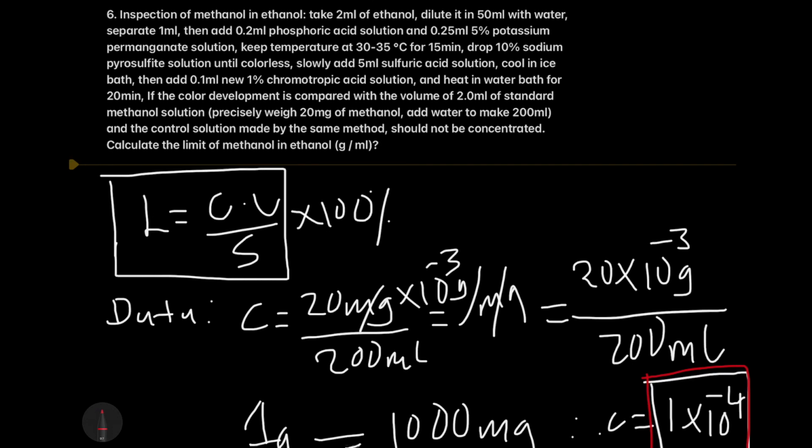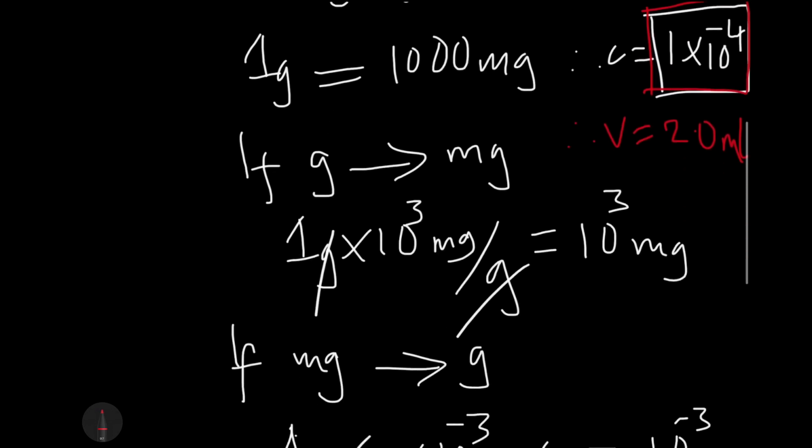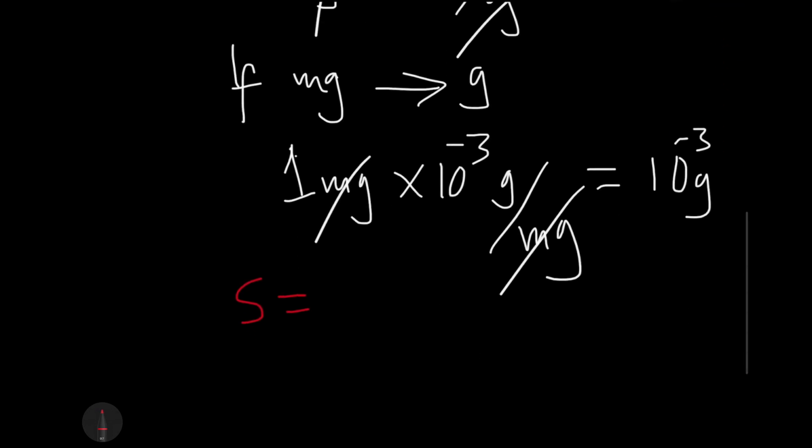Then from that 50 milliliters of water, we only took 1 milliliter. So out of 50 milliliters, we only took 1 milliliter, multiplied by the ethanol which we had used, which was 2 milliliters.